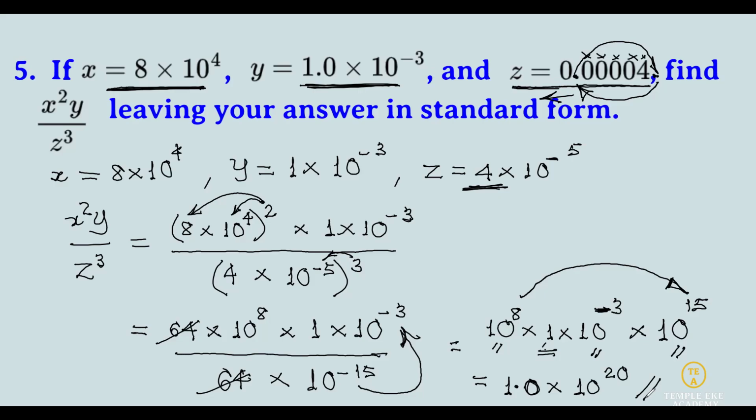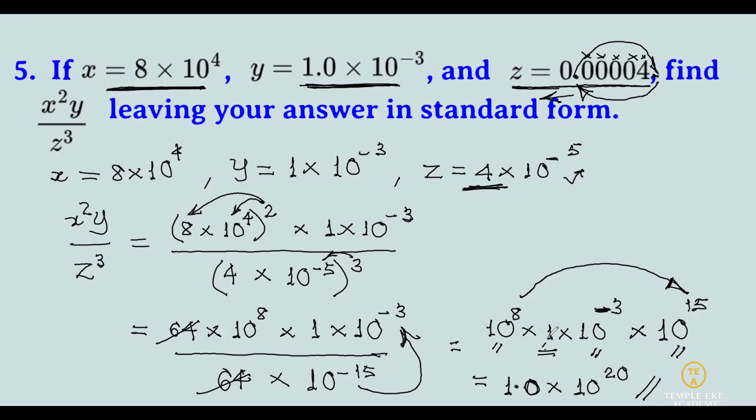Very simple. So as you can see, the high points once again: Z was standardized from the beginning by the appropriate moves as explained. That gave us this Z in standard form. Next, substitution of values, maintaining their powers, evaluation of the powers, elimination of the 64, and then the critical moment, that moment when 10 to the power minus 15 took on position in the numerator, and that made the sign of the power change from negative 15 into positive 15.